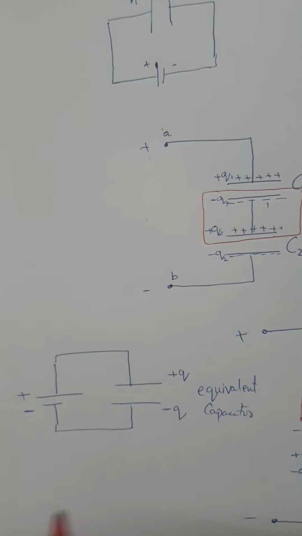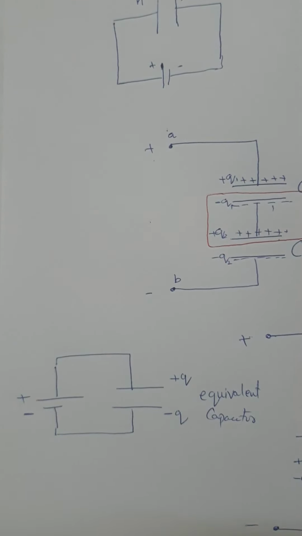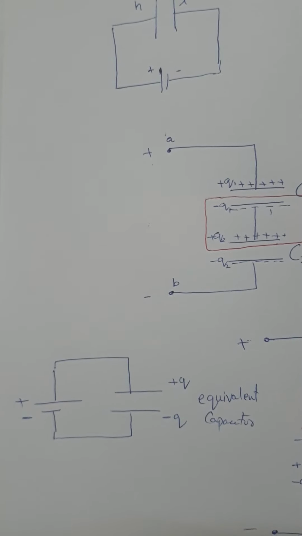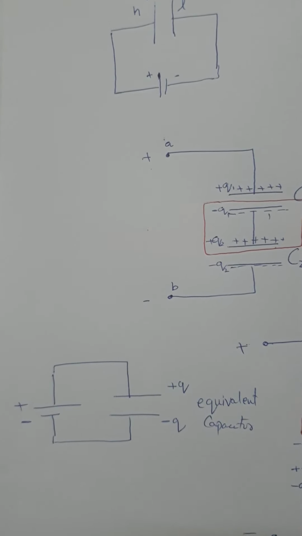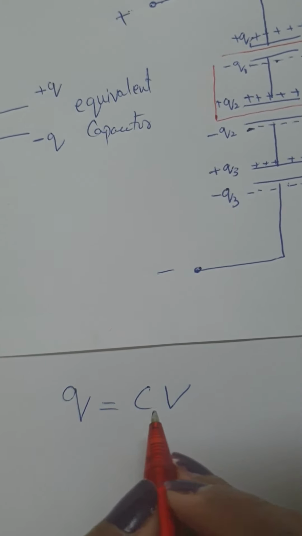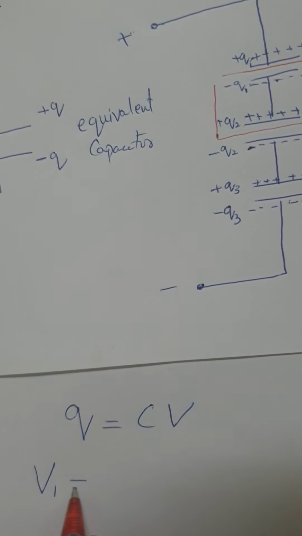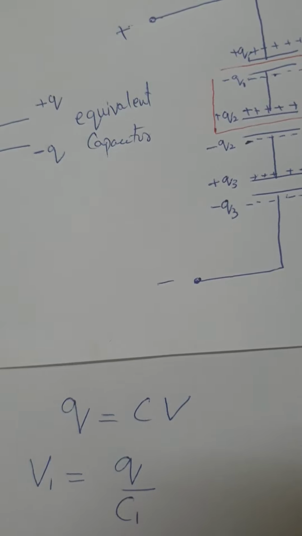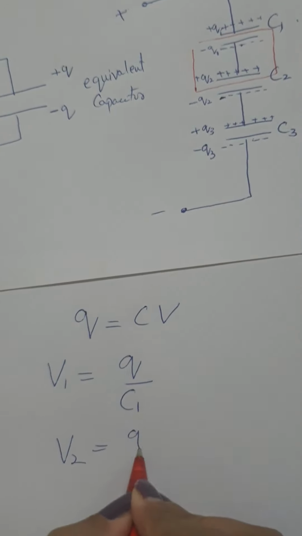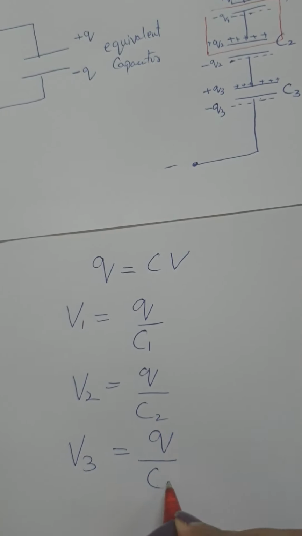Let's do some mathematics and derive an expression for the equivalent capacitance of the series combination. We know Q is equal to CV. So let's find for every capacitor the value of potential difference. V1 becomes Q over C1, V2 becomes Q over C2, V3 becomes Q over C3.